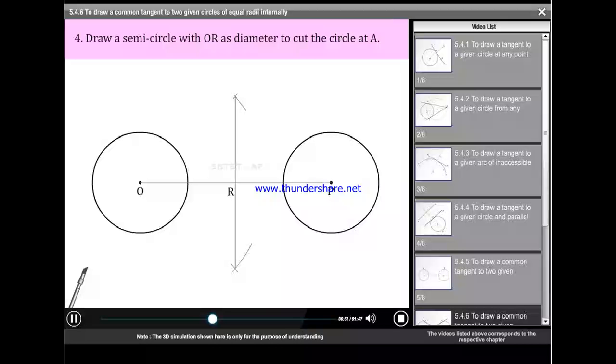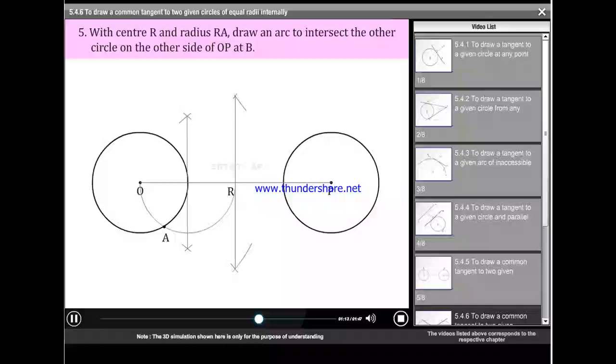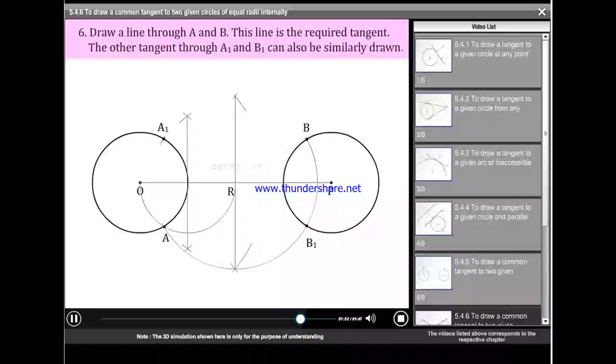Draw a semicircle with OR as diameter to cut the circle at A. With center R and radius RA, draw an arc to intersect the other circle on the other side of OP at B. Draw a line through A and B. This line is the required tangent.